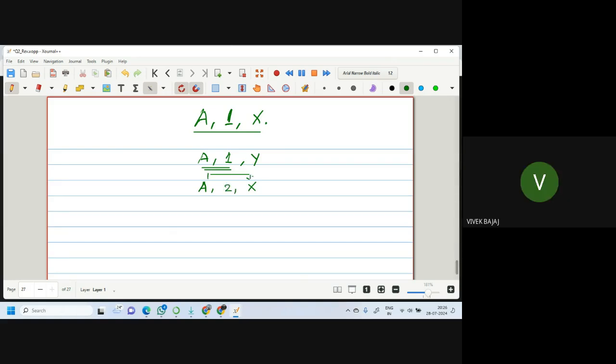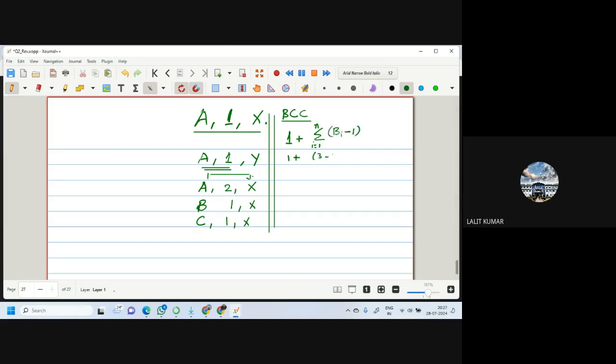Now 1 and 2 both have been covered. Now I will keep 1x constant, so here b will come. Now c is remaining, so c1x. So these are the 5 test cases for BCC. And the formula for this is 1 plus the sum for i equal to 1 to n of (bi minus 1). So 1 plus 3 minus 1 plus 2 minus 1 plus 2 minus 1.